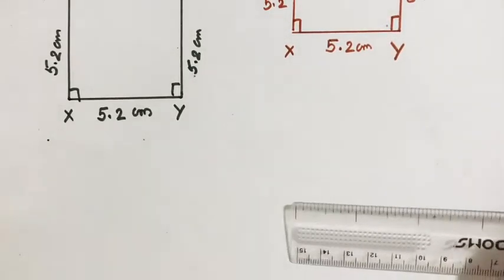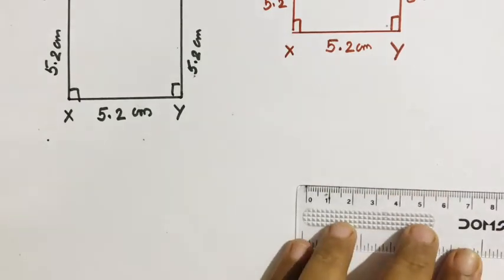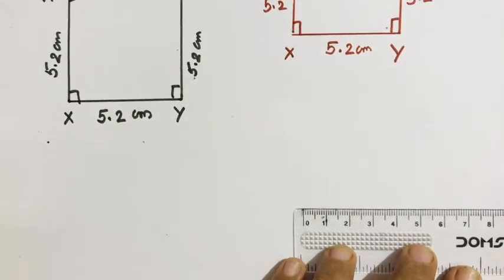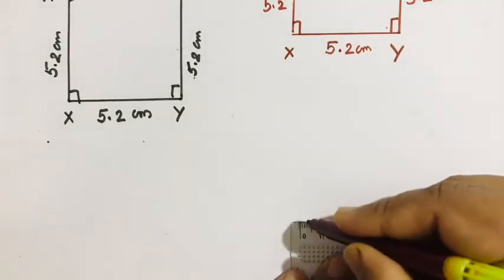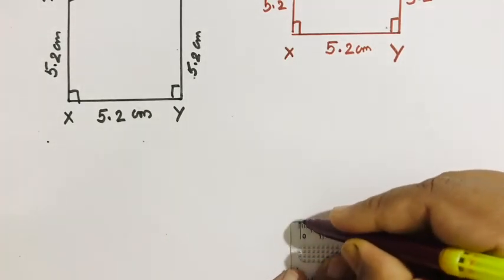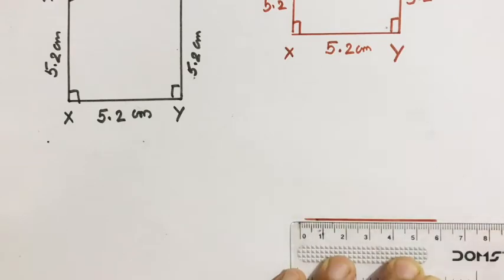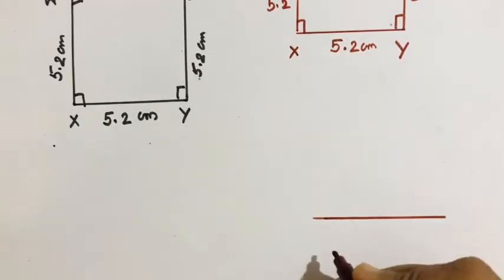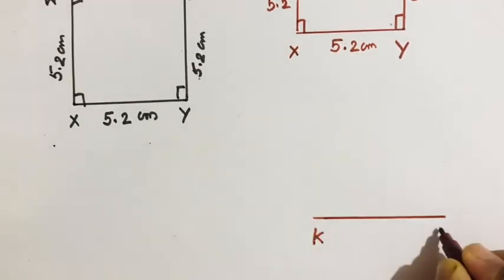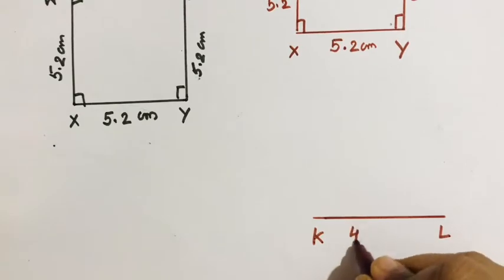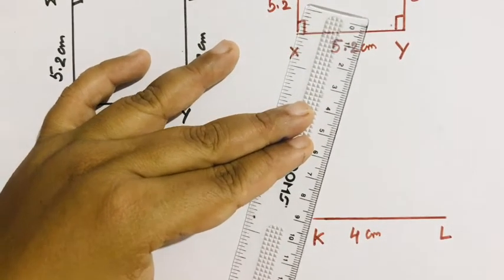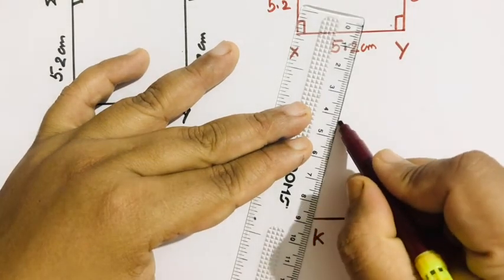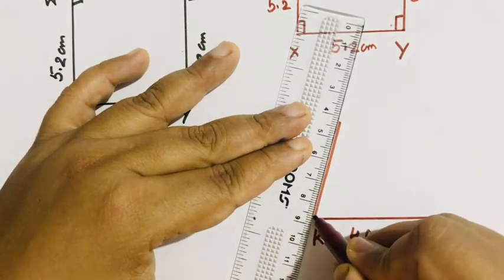First of all, we will draw a rough diagram. KL is 4 centimeters. Then we have to draw angle K, that is 75 degrees.